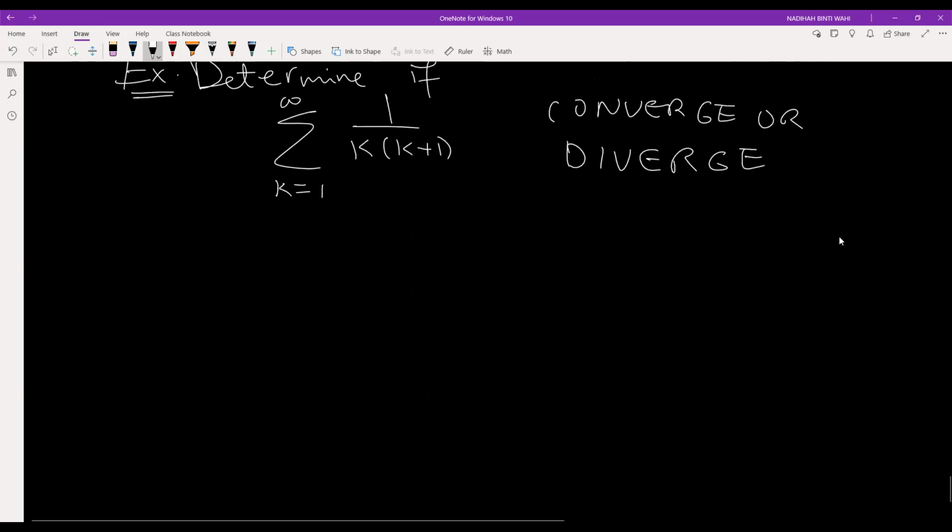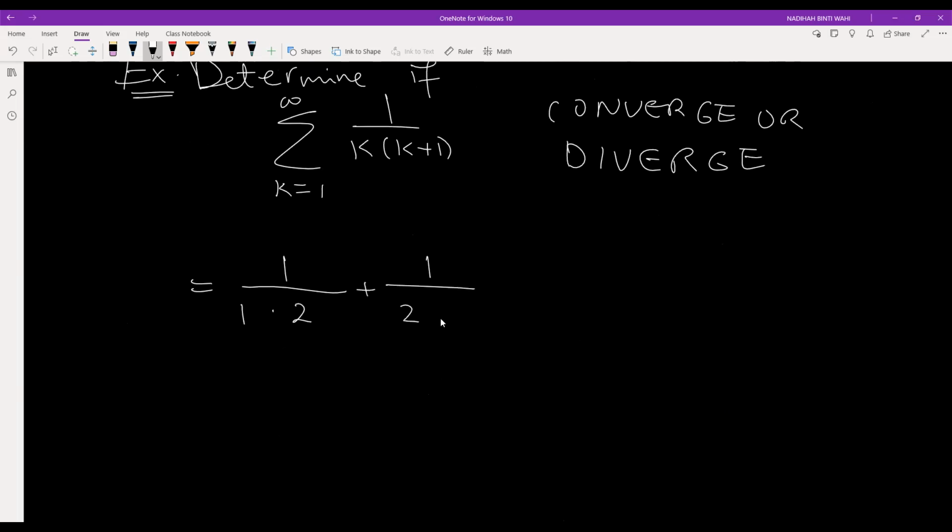So before you do that, I think it's better if you expand this. So if you expand this, it will be 1 over 1 times 2 plus 1 over 2 times 3 plus 1 over 3 times 4 plus and so on, until 1 over n times n plus 1.